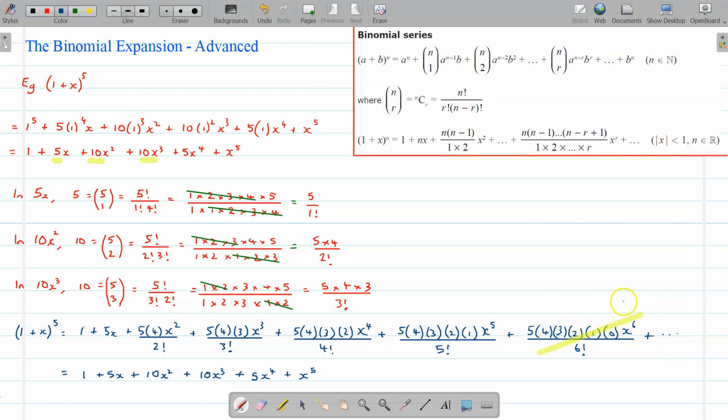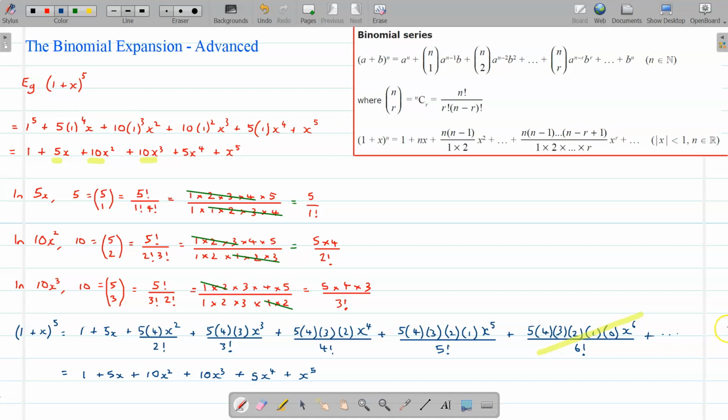Now, you should already be thinking ahead and asking yourself, well, suppose n wasn't an integer. If n was a half, for example, this would never get to 0, because you would have a half, negative a half, negative 1.5, and so on. And it would never terminate.